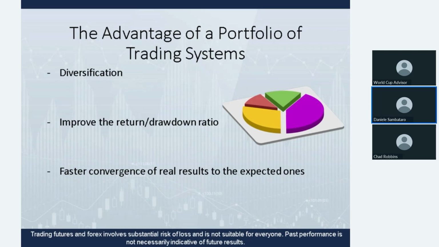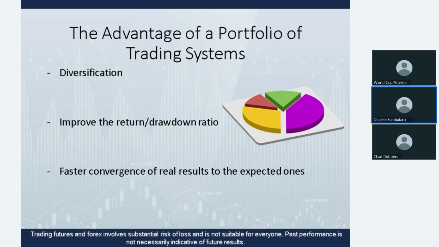The first advantage for me consists in diversification. So we want to trade as many trading systems as possible in different markets, according to our capital, of course. A portfolio also improves the return on drawdown ratio, but to do that, we need to use trading systems that have different logic and trade different markets.